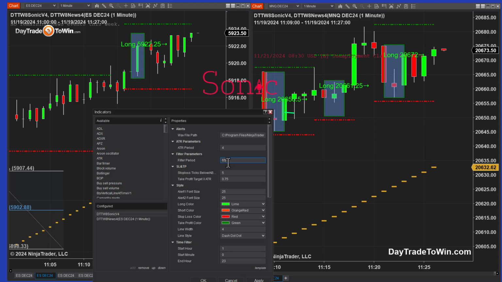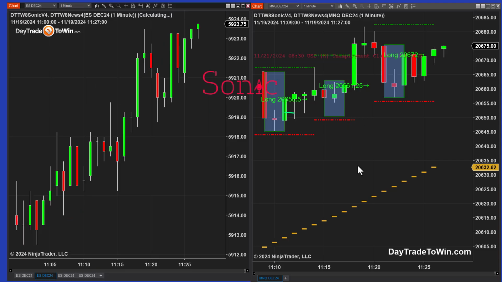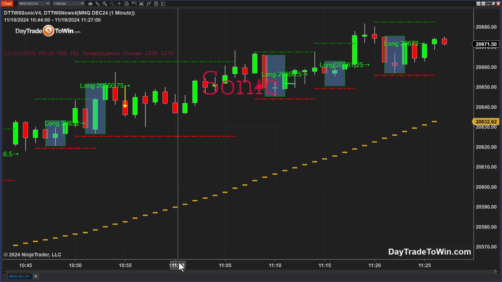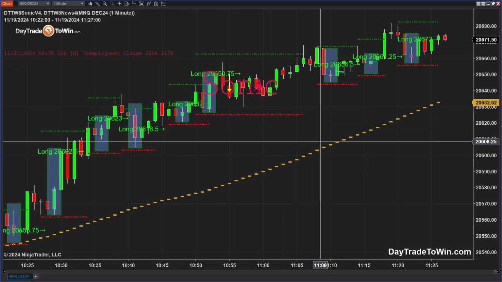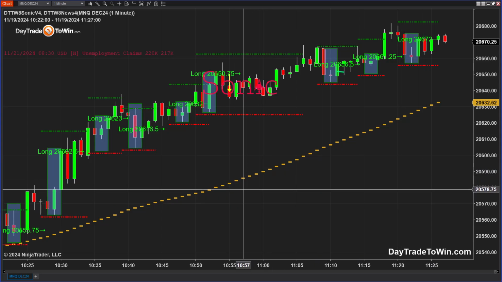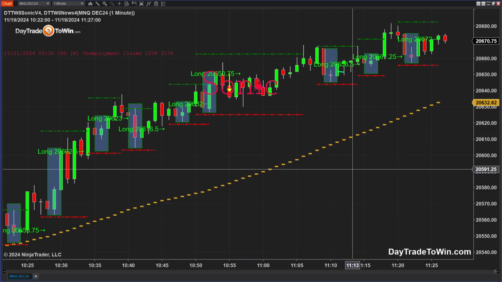The filter is this dashed line that says any trade above or below needs to be long or short. The reason we're only seeing long trades here is that all the trades are being calculated to be long above this average that you see, which is using 65.